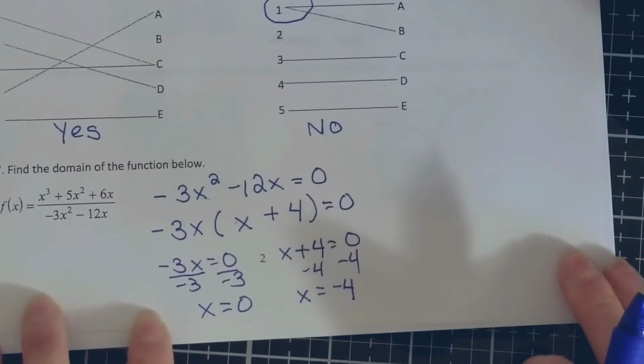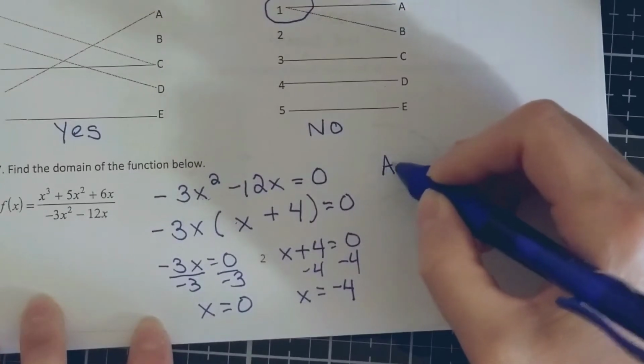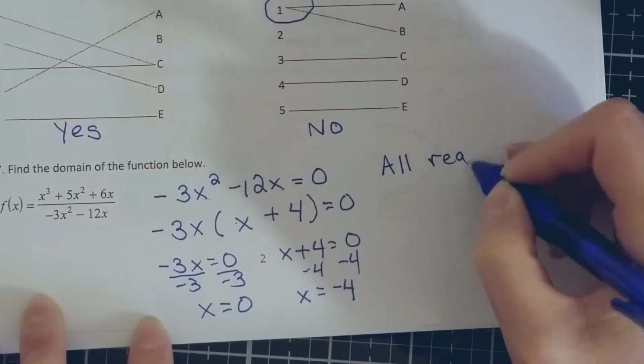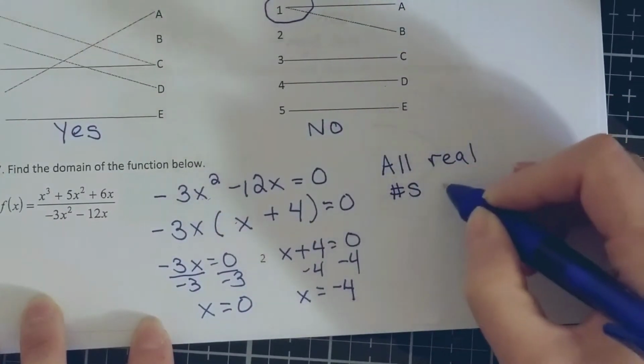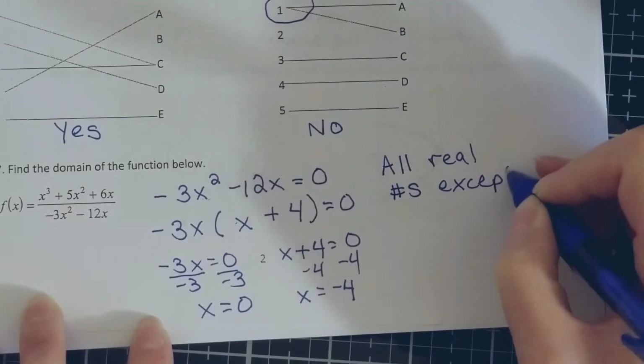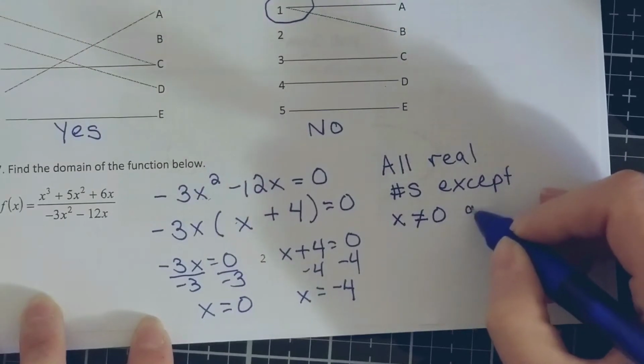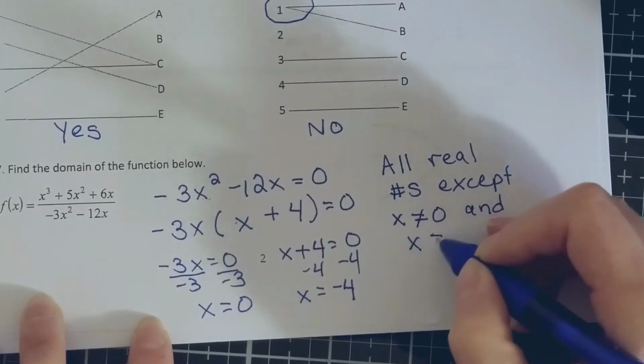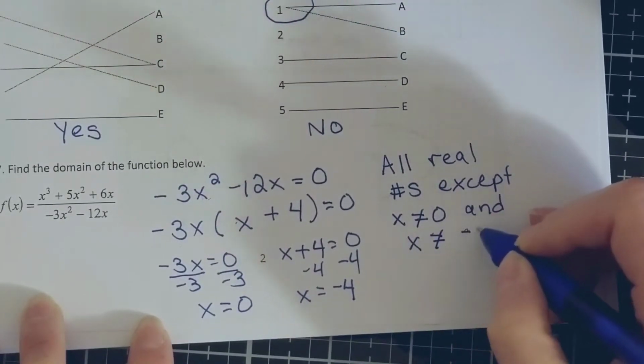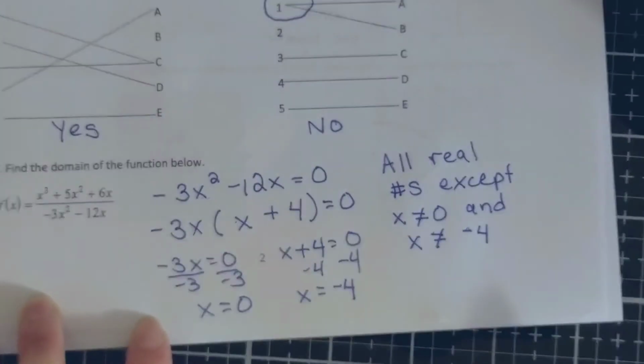So your answer on here would be all real numbers except x cannot be 0 and x cannot be equal to negative 4. Okay.